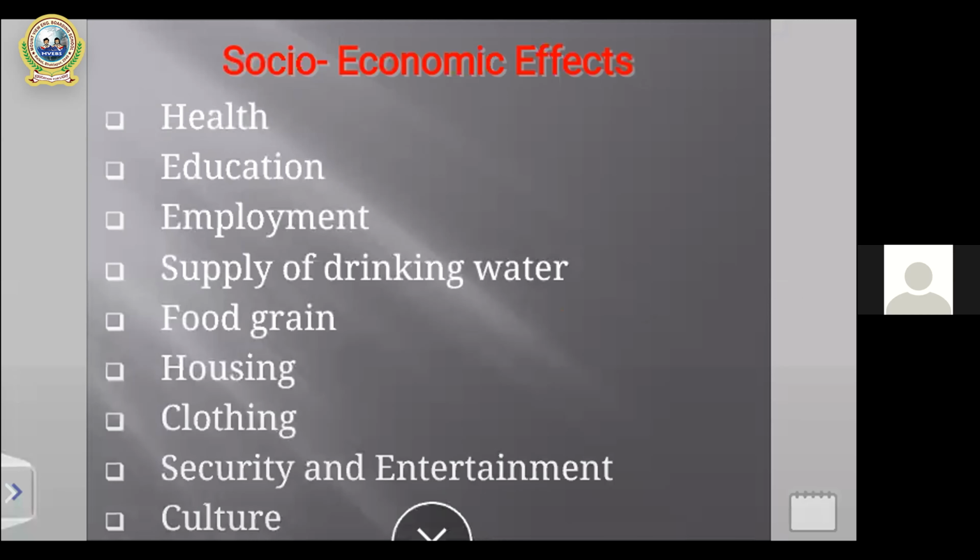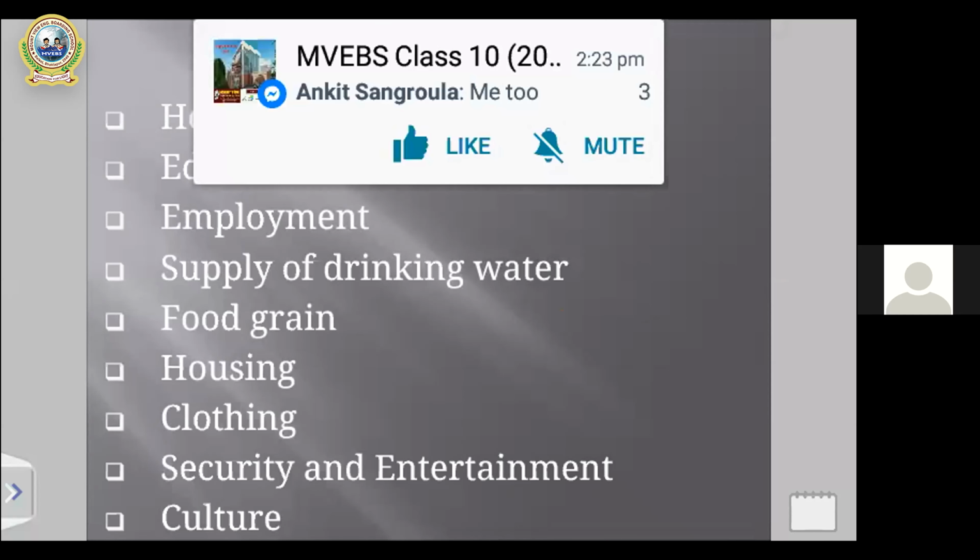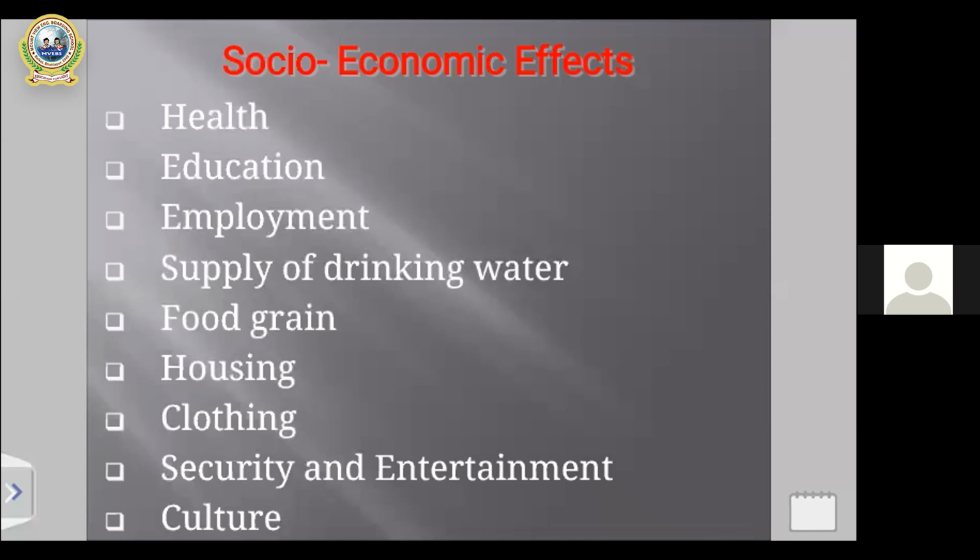My dear students, we are discussing housing, also one of the effects of rapid population growth, and Ankit Chepan shared his view. Housing is also one of our basic needs, like food, to settle our life.